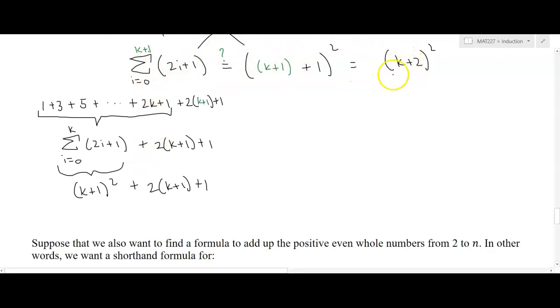So we can do a little bit more work on this k plus 2 squared. If we FOIL this out, we have k squared plus 2k plus 4. And if we work on this guy here, do we also get k squared plus 2k plus 4? Well, let's check it out. I'm going to write some equal signs here to indicate that we're referencing this guy here.